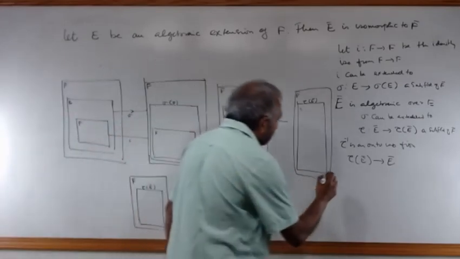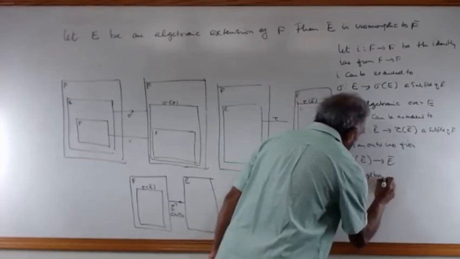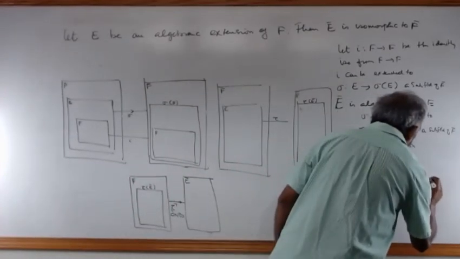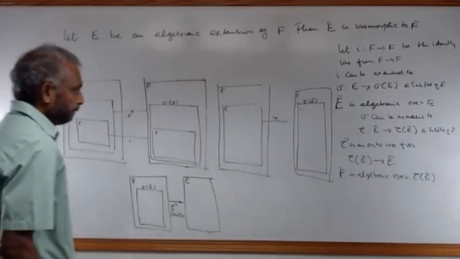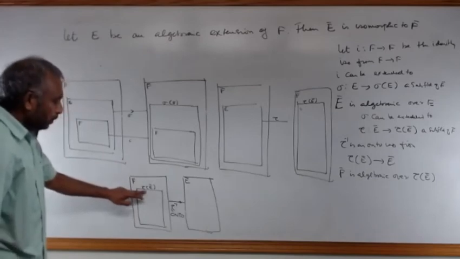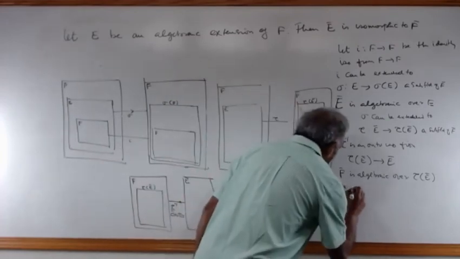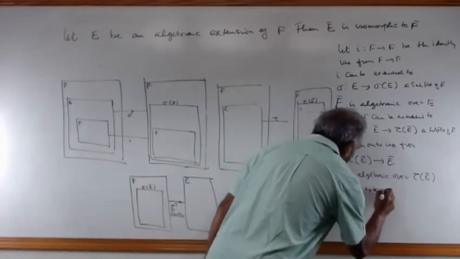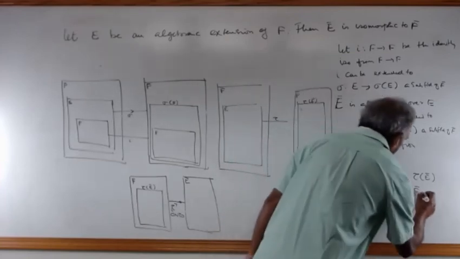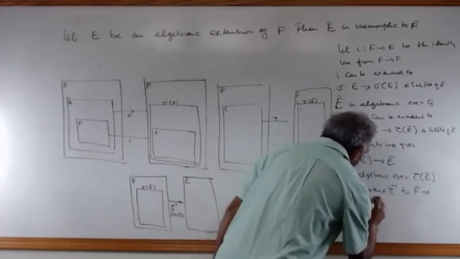Now F closure is algebraic over tau of E closure. So we can extend tau inverse to F closure, to a subfield of E closure.